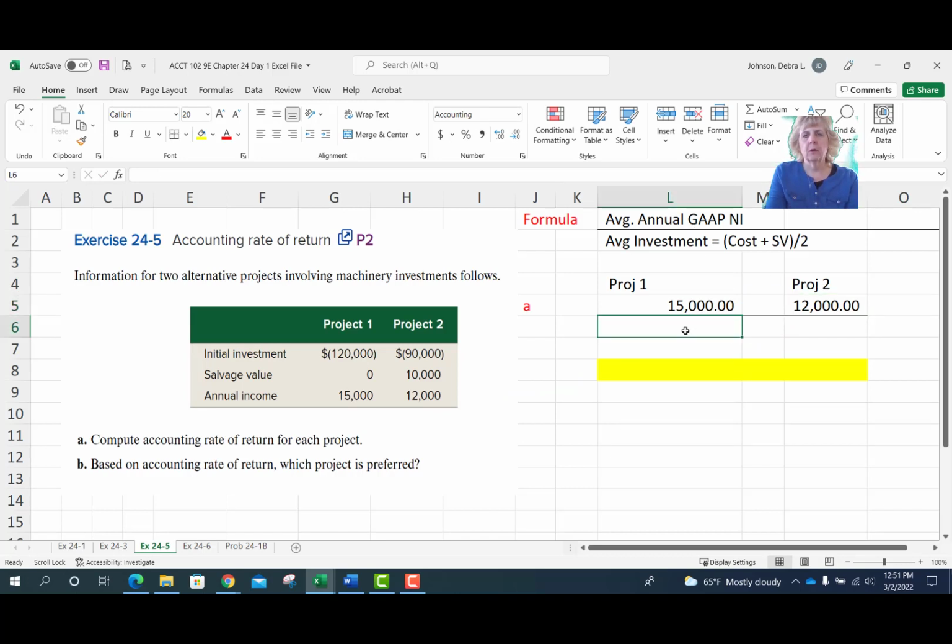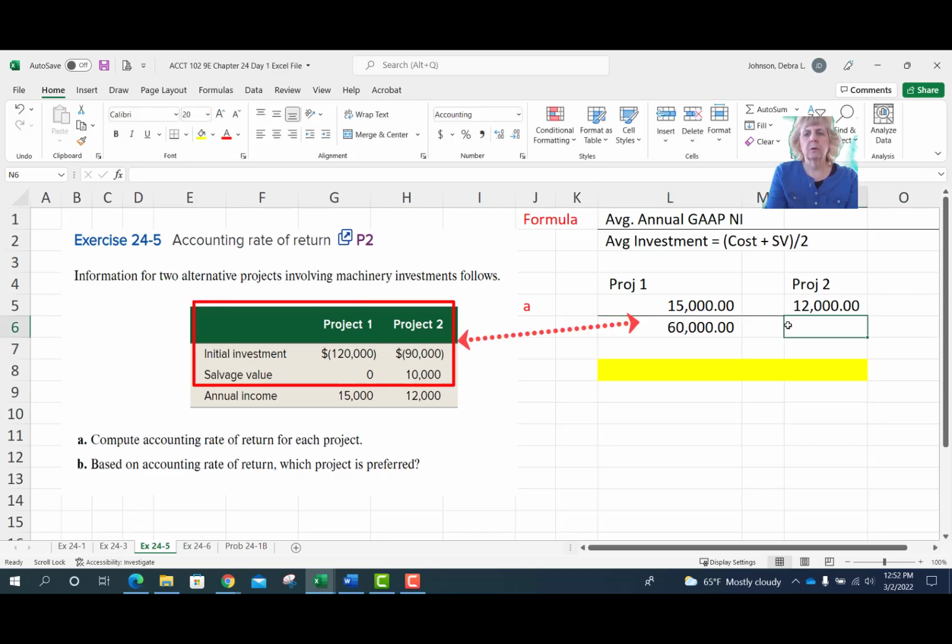So in our numerator, we have the average annual GAAP net income. And then the denominator, make sure you use parentheses when you do the calculations, is the cost of the investment plus the salvage value, which is 0 in the case of the first project, that whole sum divided by 2.